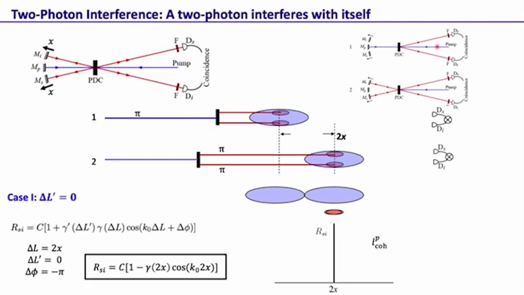In this setup we have these two alternative pathways, and let's imagine that in the balanced position all these distances are equal. That means the distances of the pump mirror, signal and idler mirrors are equal.